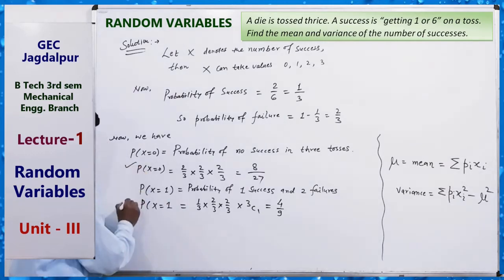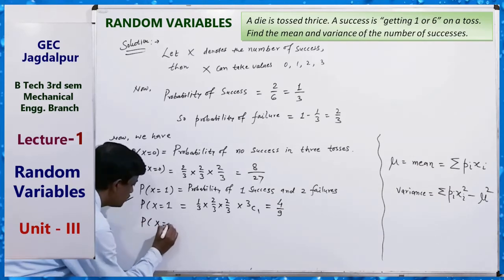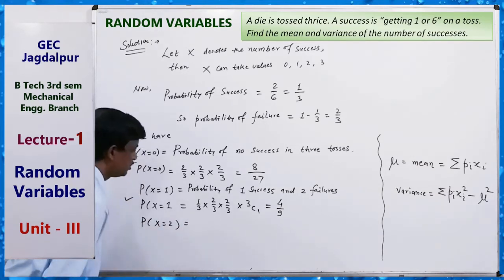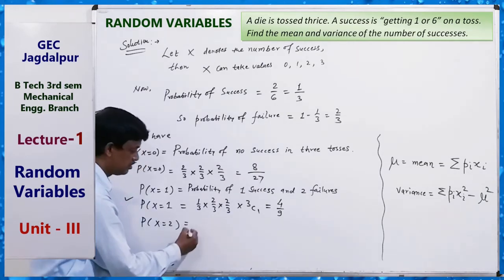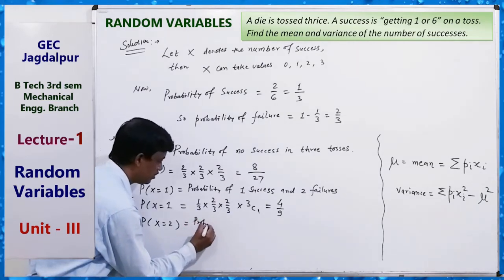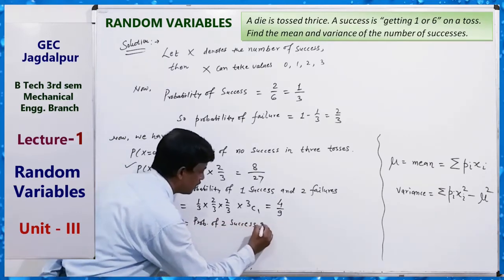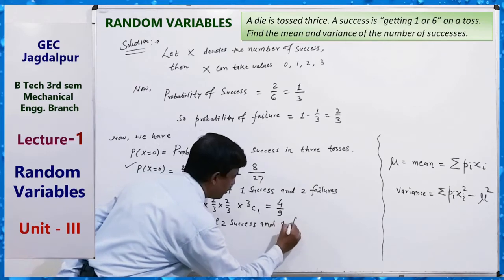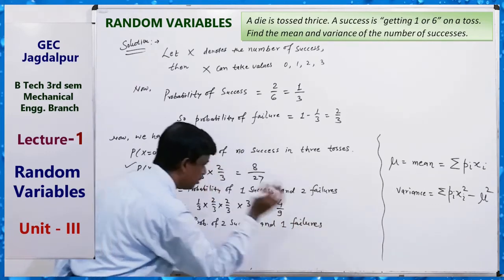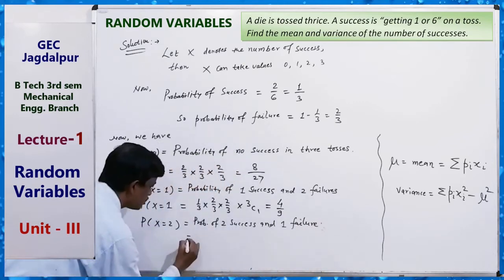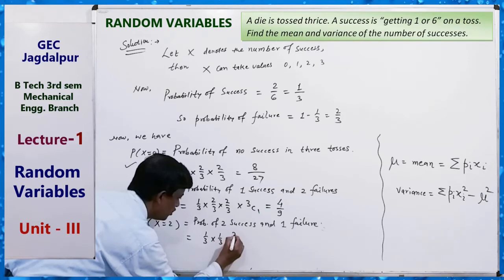Now P(x equals 2), similarly, is the probability of two successes and one failure: 1 by 3 into 1 by 3 into 2 by 3.